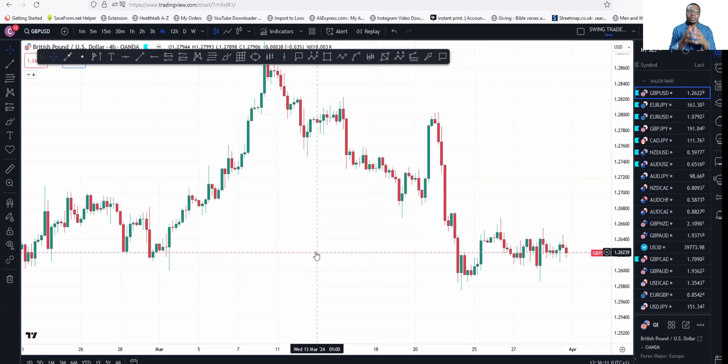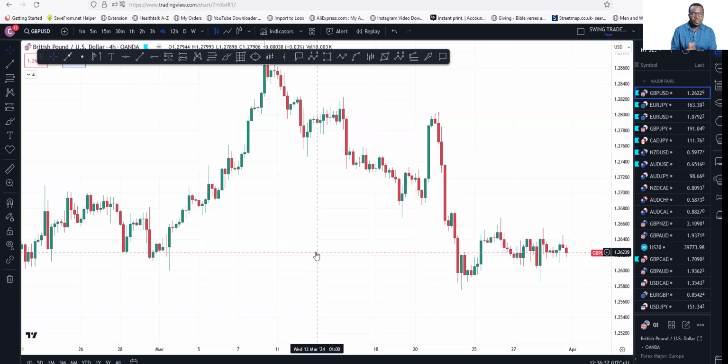Hopefully you'll be able to take advantage of this, irrespective of the strategy, but ensure that you follow the momentum and the directional bias that I'm going to be giving concerning these pairs, especially EURUSD and GBPUSD. And we will add a few other pairs as well. As you can see, they are highlighted on my watch list.